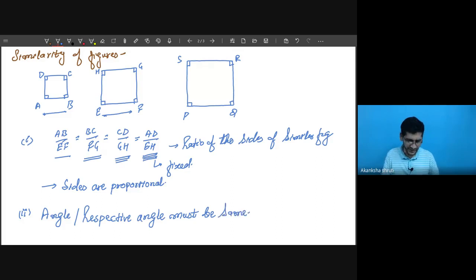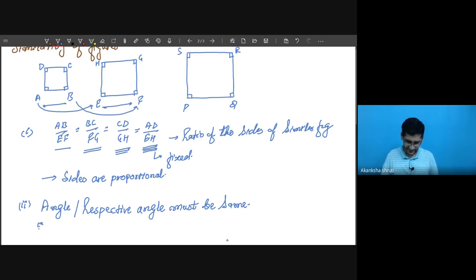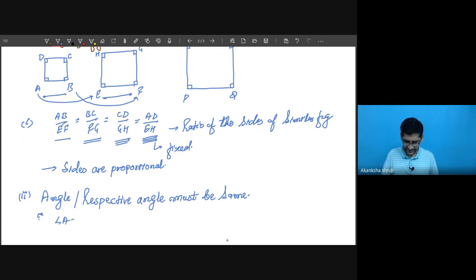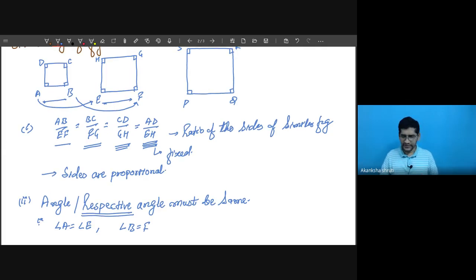Students, here I am considering that A is going to match with E, B is going to match with F. That is, here angle A, angle E, angle B, angle F. So that's why it is written as respective. All the angles need not be equal. Since it is a square, all the angles will appear as 90 degrees. But all the angles need not be equal, but respective angles will be equal.